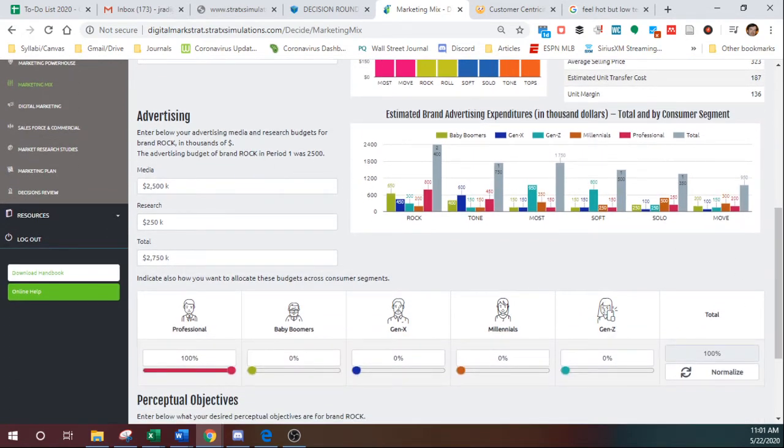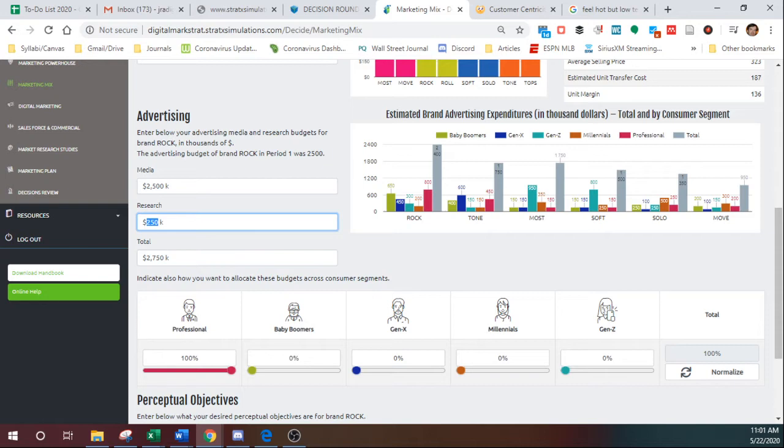Then advertising. You have to decide how much money you want to spend on advertising. And so advertising media is just dissemination of your messages. That's the placement of your messages on TV, radio, outdoor, digital. Research is money that you provide the research department to better understand the target market, so the messages that they send out are going to be more effective and more persuasive.